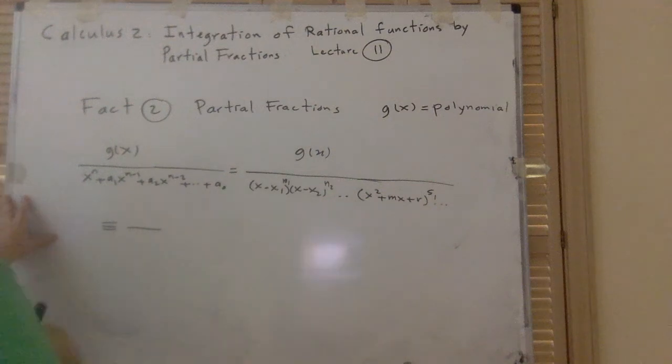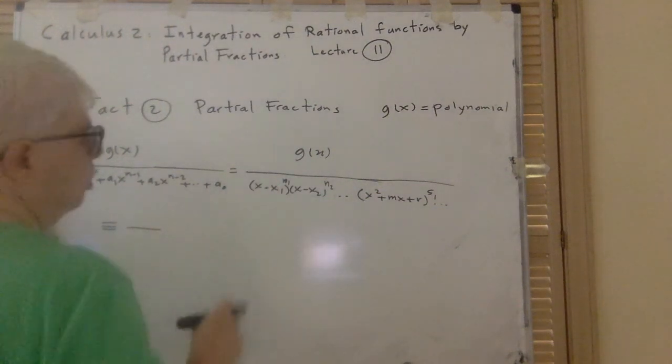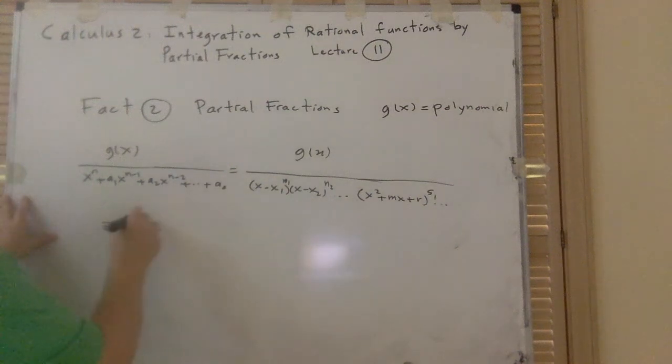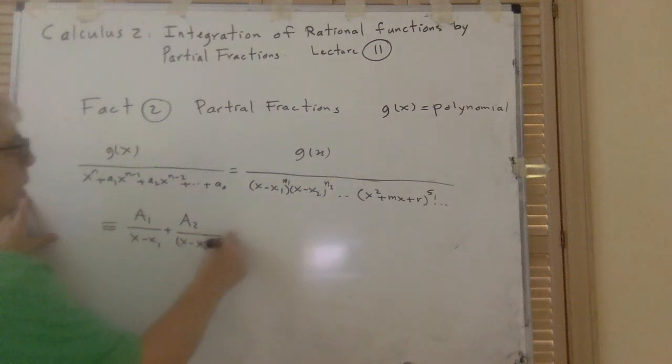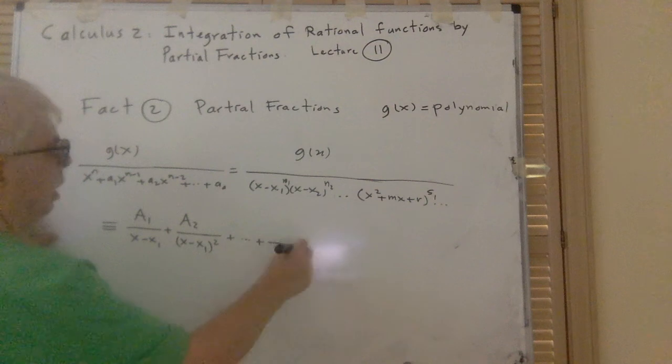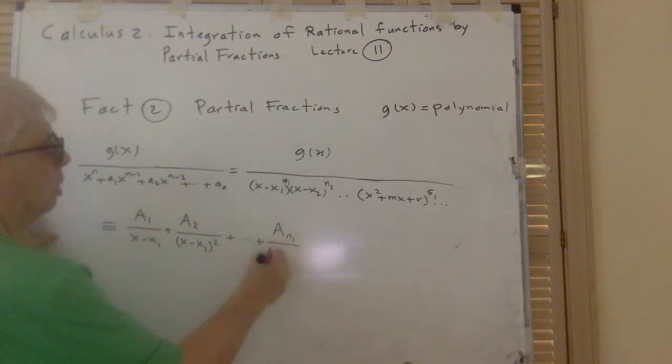For every linear factor, I have something like this. So I have a1 over (x minus x1), a2 over (x minus x1) squared, up to a_n1 over (x minus x1) to the power n1.